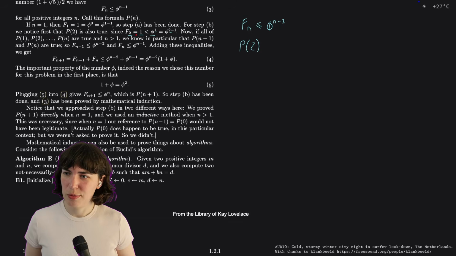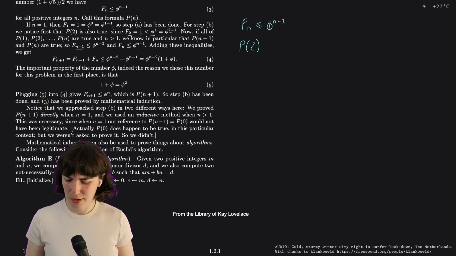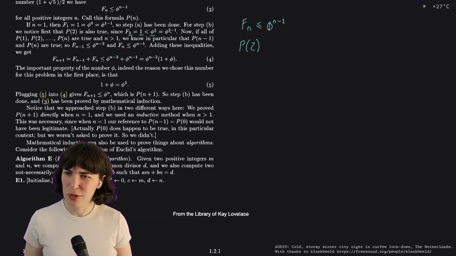Now, if all of P1, 2, through n are true, and n is greater than 1, we know in particular, so this is the operative part, Pn minus 1 and Pn are true. So Fn minus 1 is going to be less than or equal to phi to the power n minus 2, and Fn is going to be less than or equal to phi to the power n minus 1.